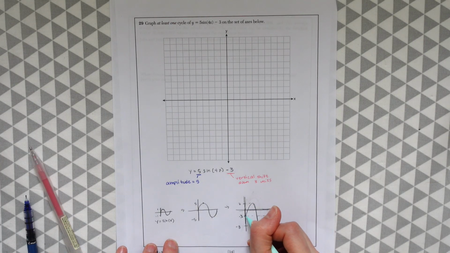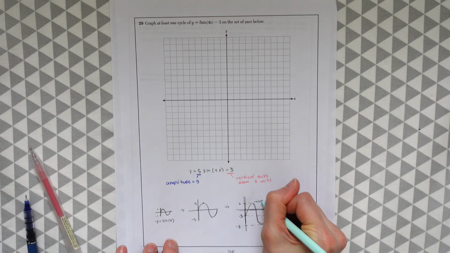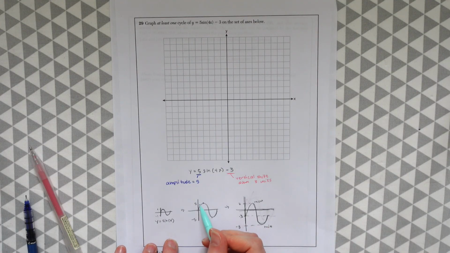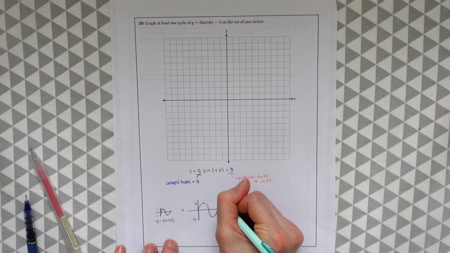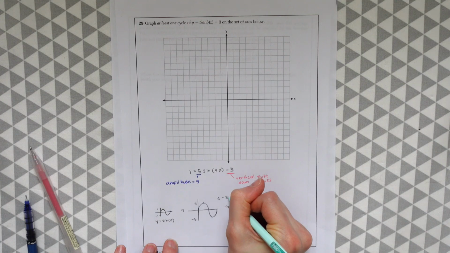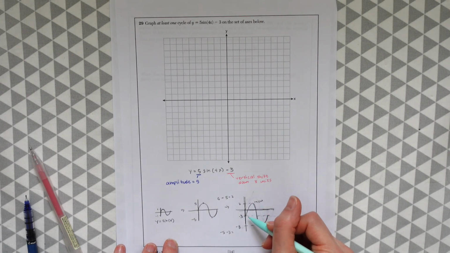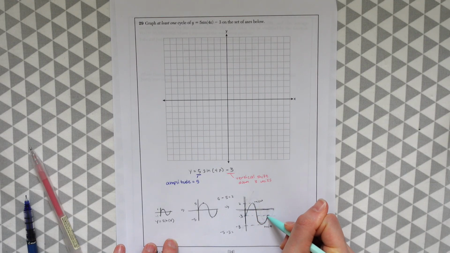So this is like our baseline, -3. Our max is 2 and our min is -8. And we got that by having the amplitude and then subtracting 3 to get the max, and then taking the min and subtracting 3 and getting minus 8. And notice our sine curve, instead of starting at 0, starts at -3 and then ends at -3.